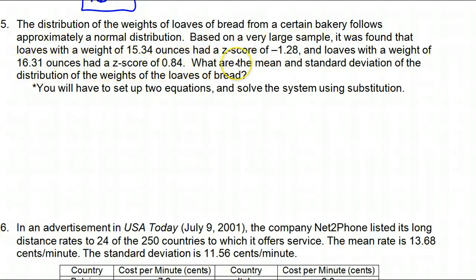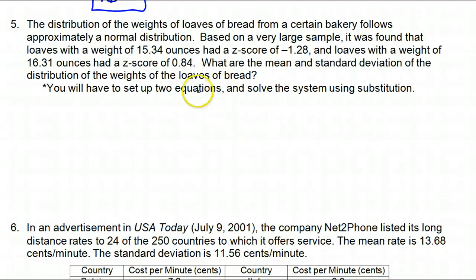All right, what are the mean and the standard deviation of the distribution of the weights of loaves of bread? All right, thank goodness for the hint here. We need to set up 2 equations and solve the system using substitution. Okay, so let's try for that.